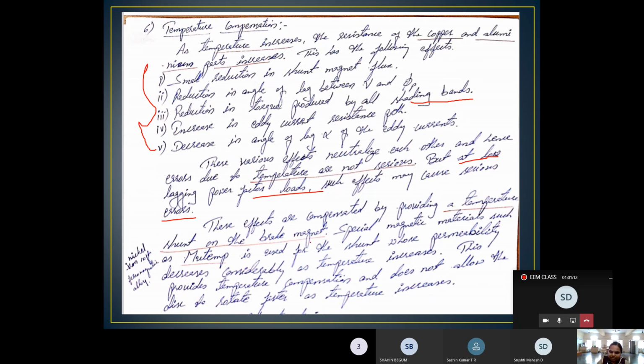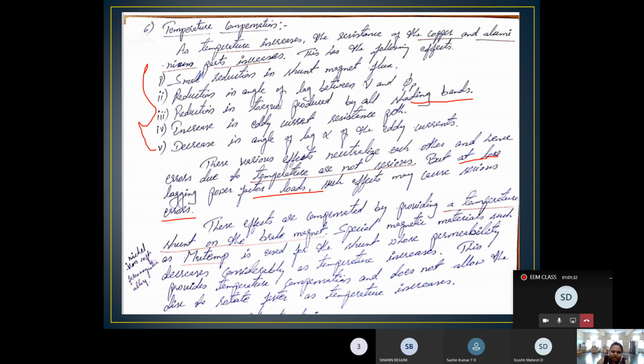We use the shunt in parallel with the brake magnet, made of a special magnetic material such as mu-metal temp. This is an alloy of nickel and iron, a soft ferromagnetic alloy.